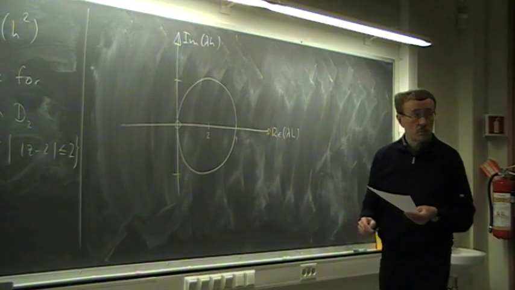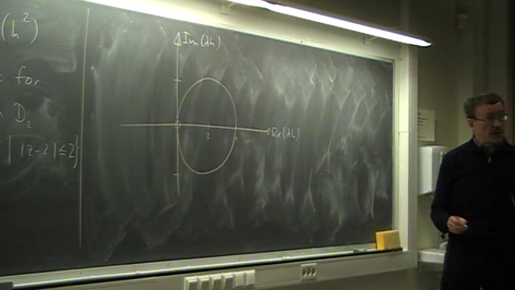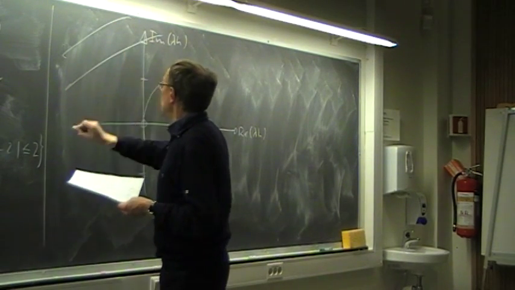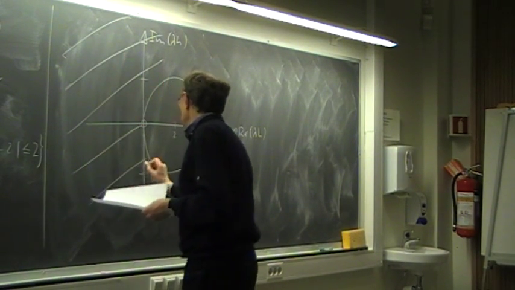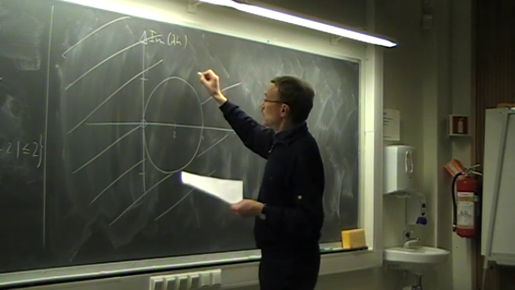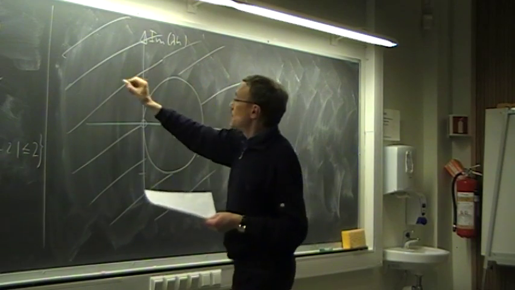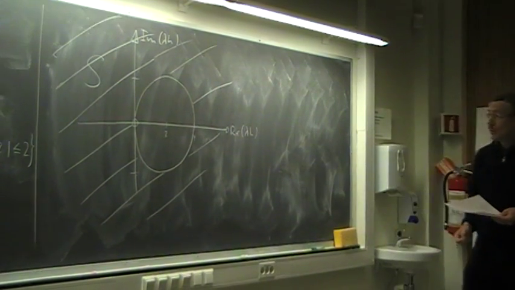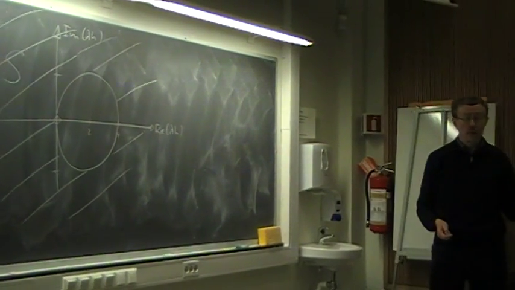And this circle is not in the stability domain. Everything else is. So it means everything around here up to this circle, that's all the stability domain S of the BDF2. And that is how you can memorize it.